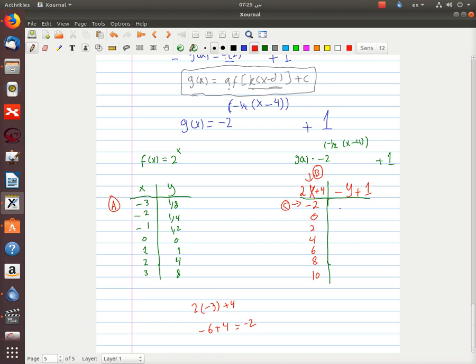And then here minus y, you just take this one, 1 over 8. Oh, so it's gonna be minus 1 over 8 plus 1, which will be 0.875. No, I'm sorry, it's gonna be minus 7.